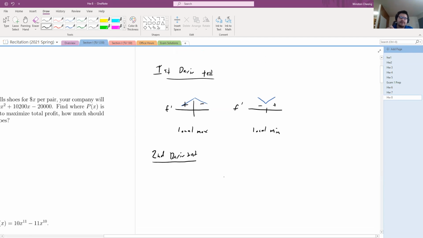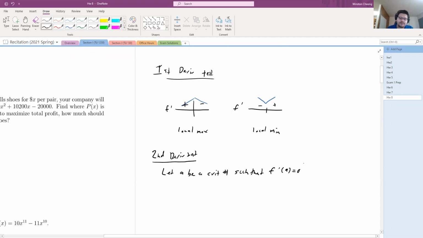Instead, what it has to do with is you plugging into the second derivative. So suppose you have a critical number, I guess we can say let A be a critical number such that the derivative at A is equal to 0.